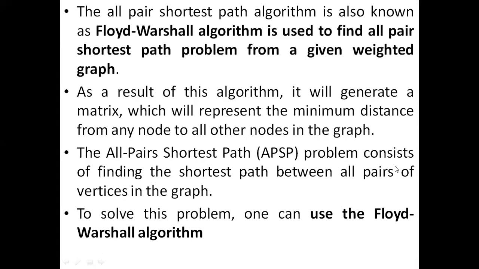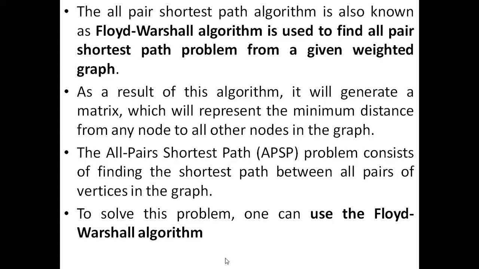As I said, the definition of Floyd's algorithm, or the all pair shortest path algorithm, is that it is used to find all pair shortest paths from a given weighted graph. So here the input is a graph. A graph contains a number of vertices and edges, G equal to (V, E). From all vertices to all other vertices, what is the shortest path?